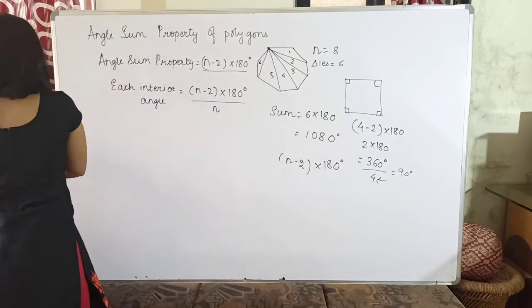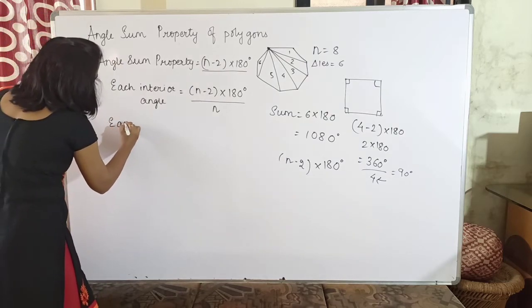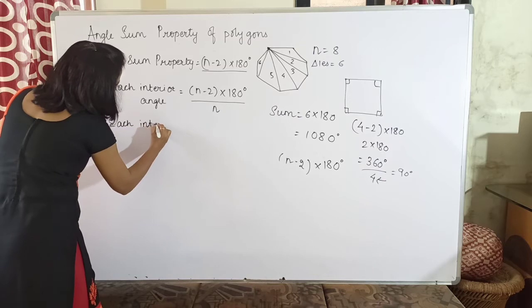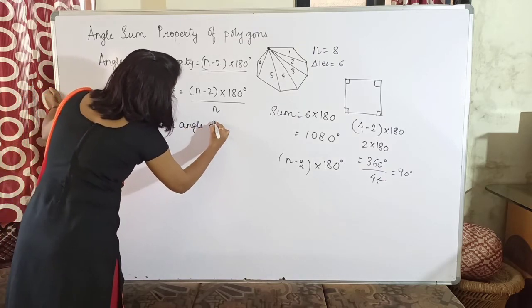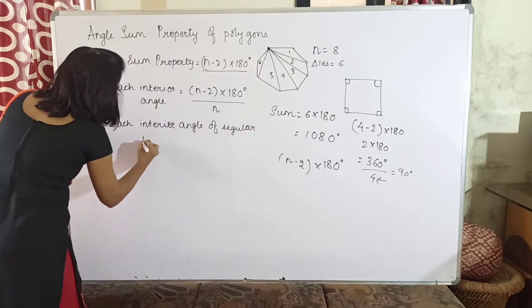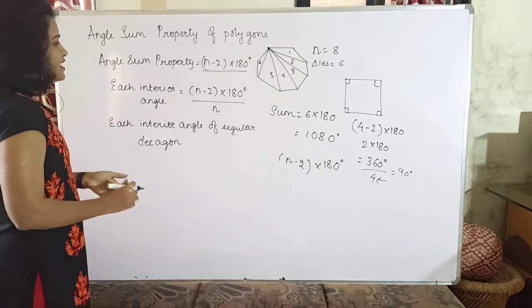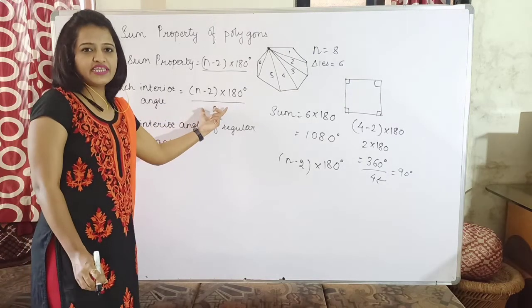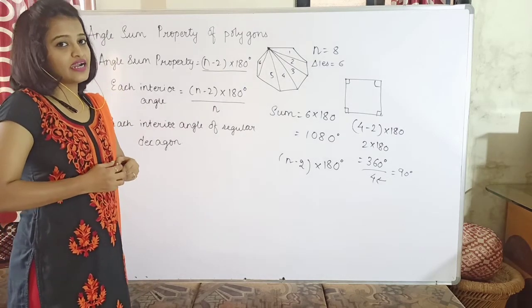For example, if I have to find the value of each interior angle of a regular decagon. Now just tell me, is this formula applicable for an irregular polygon? It can't be. Why?